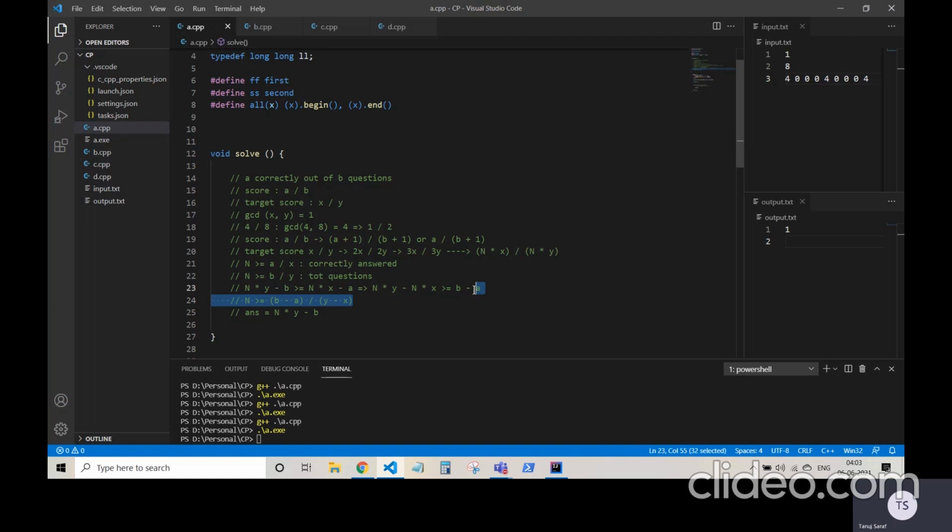So using these three inequalities, we can get this. These are all greater than or equal to, right? So we can find the minimum value of n that satisfies this, this, and this, and the maximum of all the three would give me the ideal or optimal value of n, which would minimize the answer.